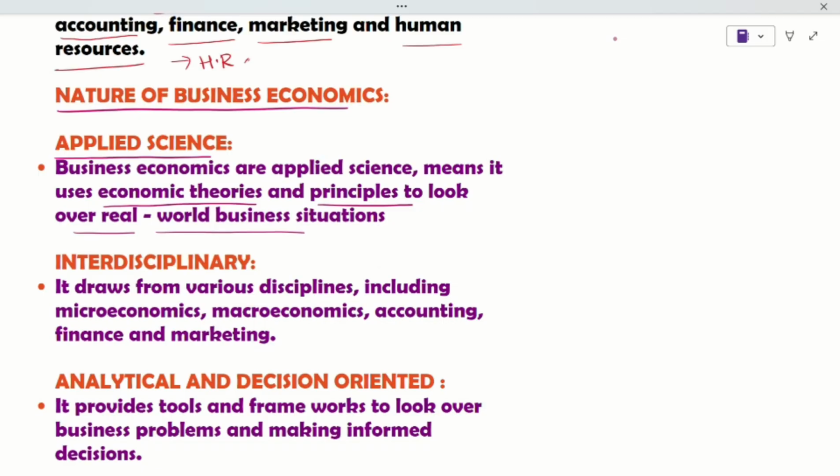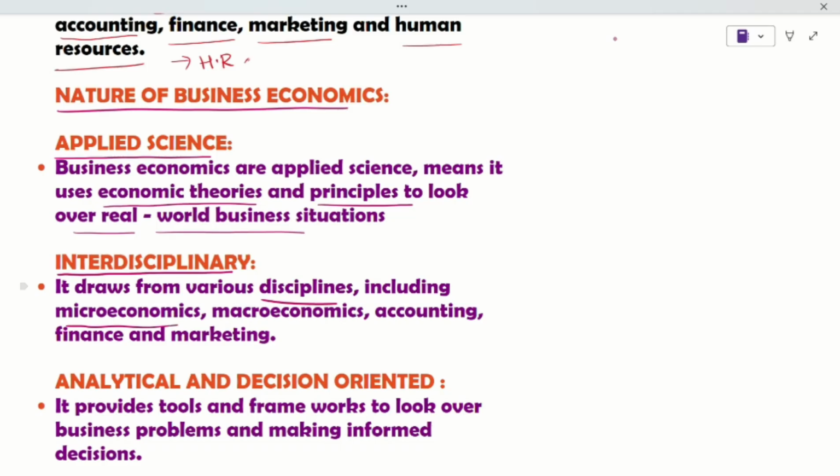Next, normative is also a nature of business economics. It offers guidance and recommendations for decision making for the firm. Firm means a company or a business. It suggests how businesses should act to achieve their objectives, meaning their goals.